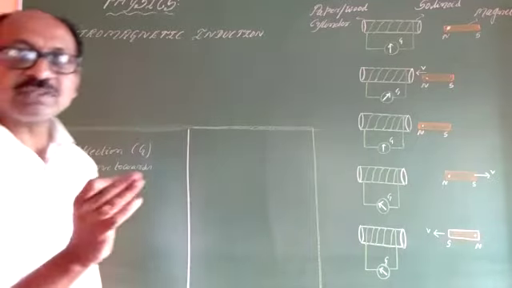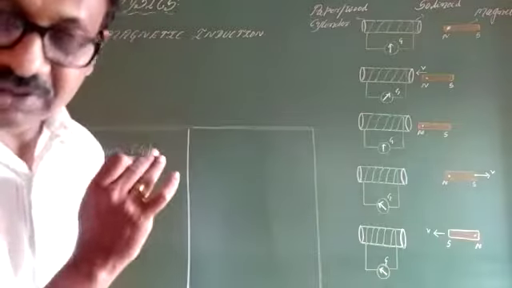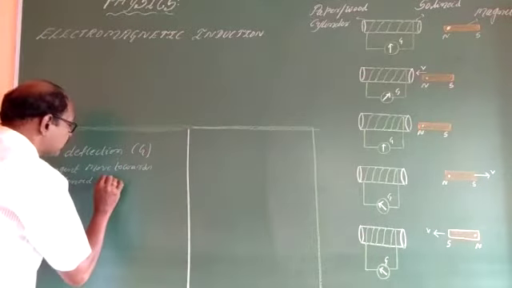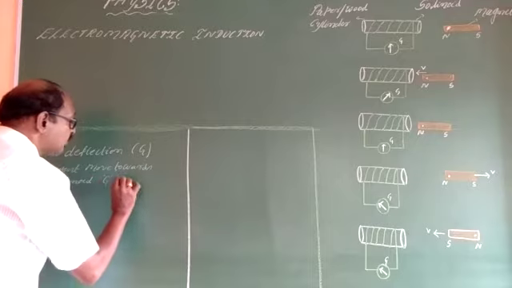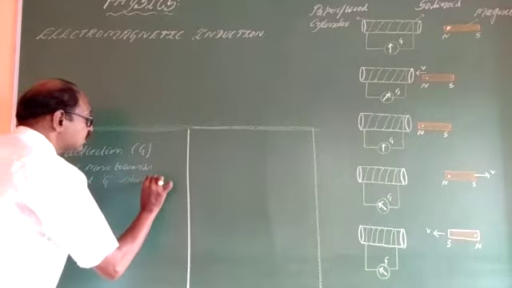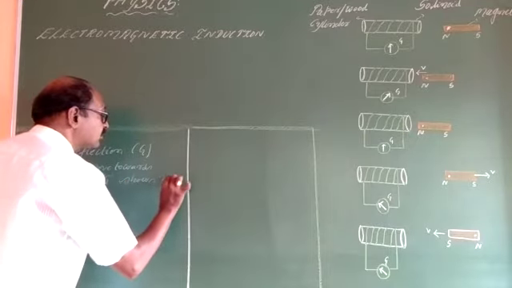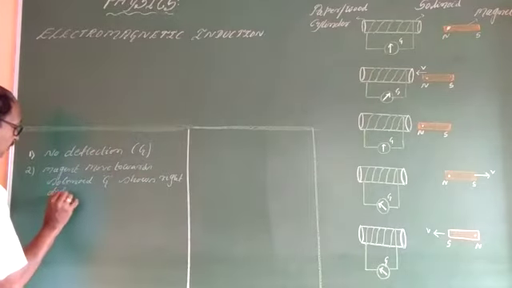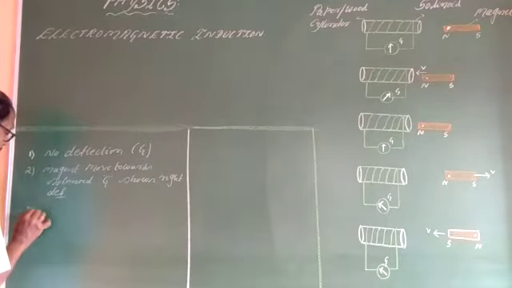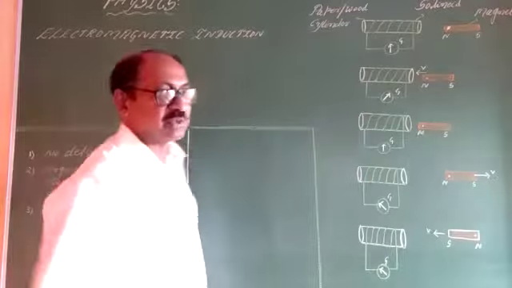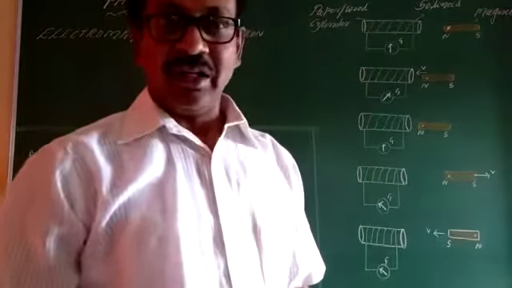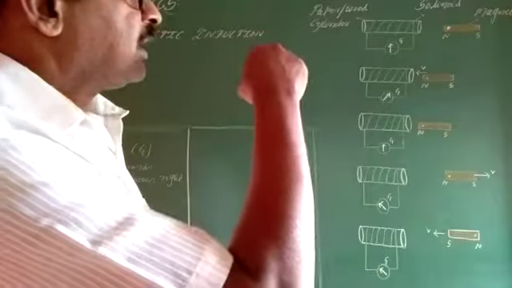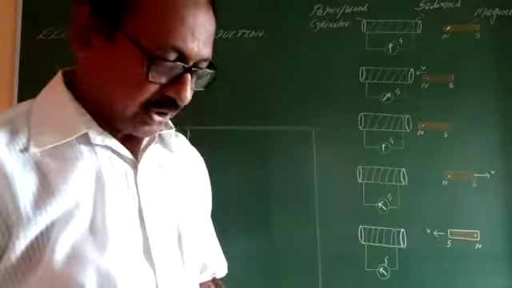Whenever it moves towards the solenoid, the galvanometer needle shows a right deflection. The needle deflects to the right.